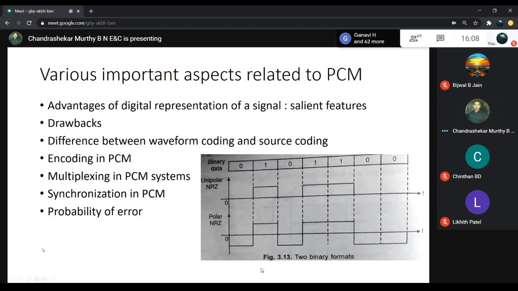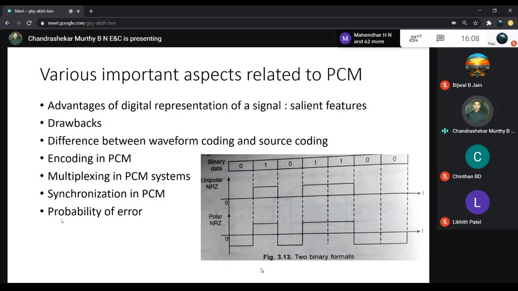One more thing is the probability of error in the PCM. We have two major types of noise, the channel noise and the quantization noise. Channel noise takes place in the transmission path, but the quantization noise is introduced before that.